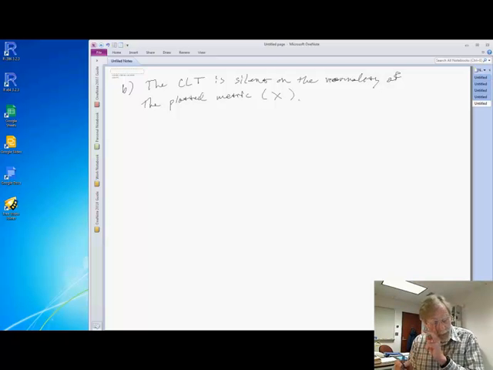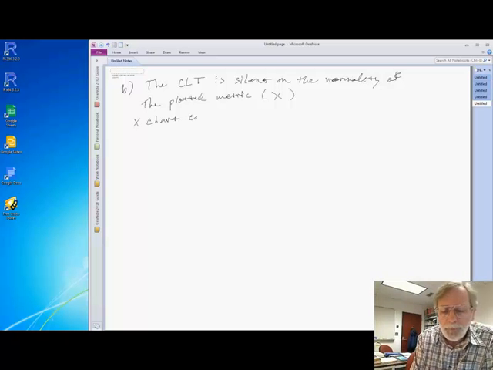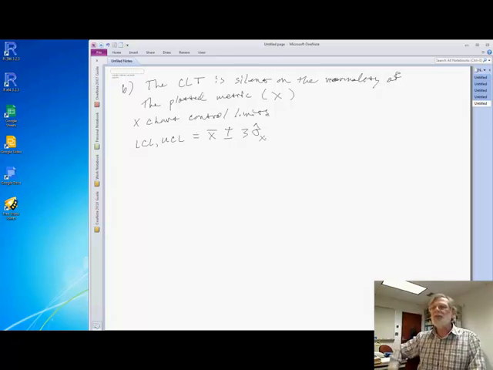Well, you do, because the control limits of an X chart are built using this formula. You could probably guess what it is, but here it is in all of its glory. So it's just the same old formula, except instead of using sigma hat x bar, we use sigma hat x.